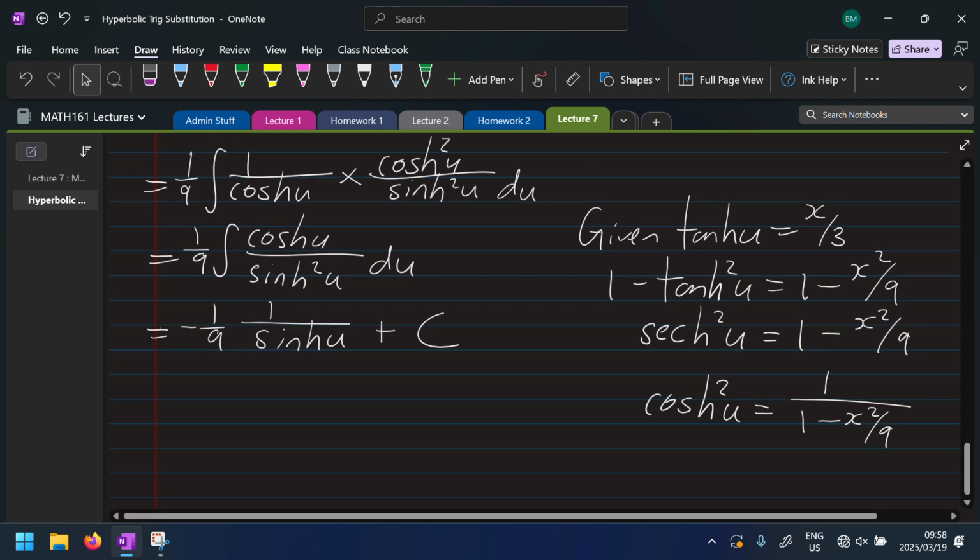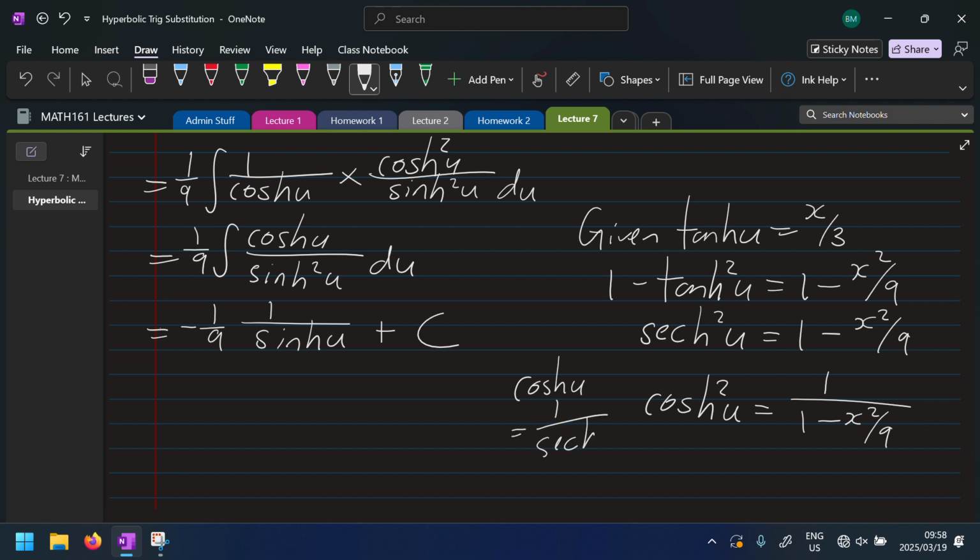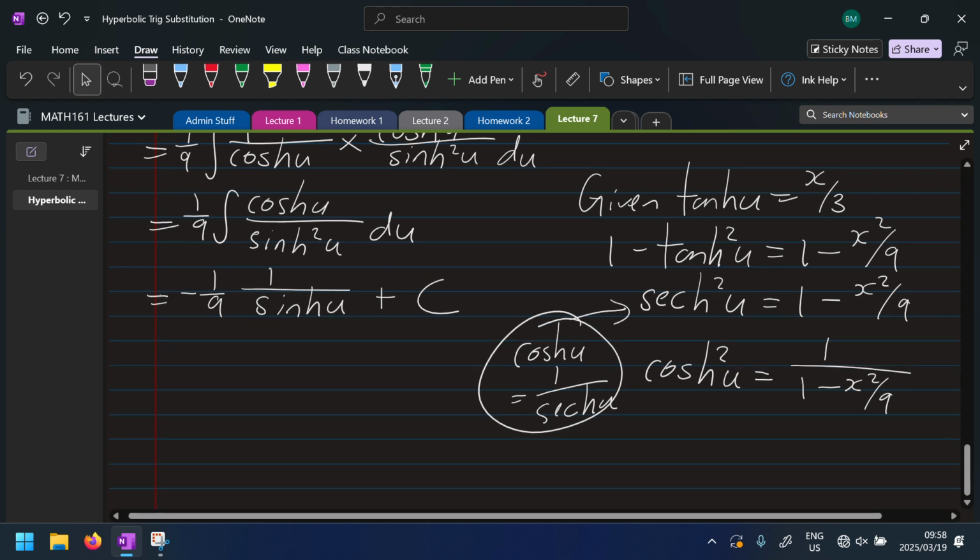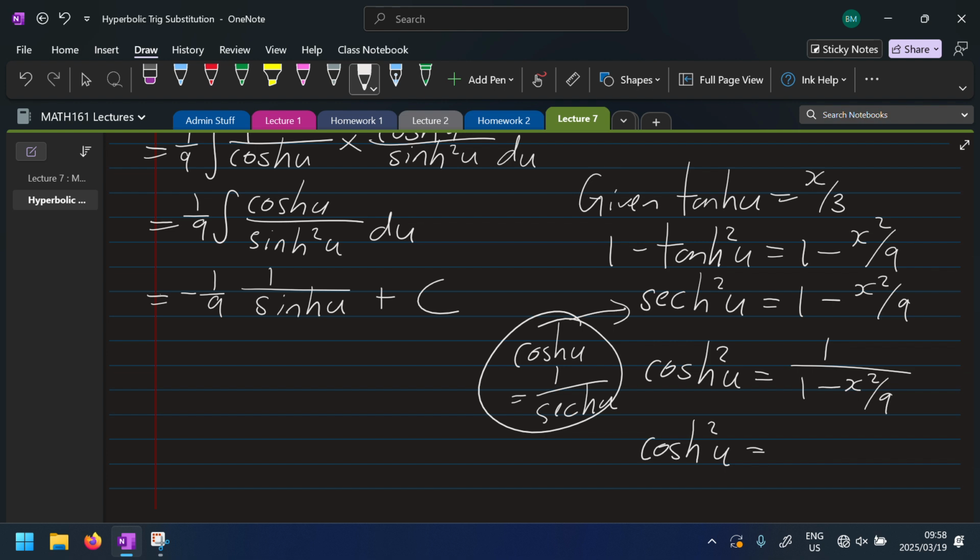Yeah, we just flip it. Yeah, so cosh u is 1 over sech u. Okay, so cosh squared u. I don't want a fraction in a fraction, so I'm going to write this as 9 over 9 minus x squared, just to simplify things.